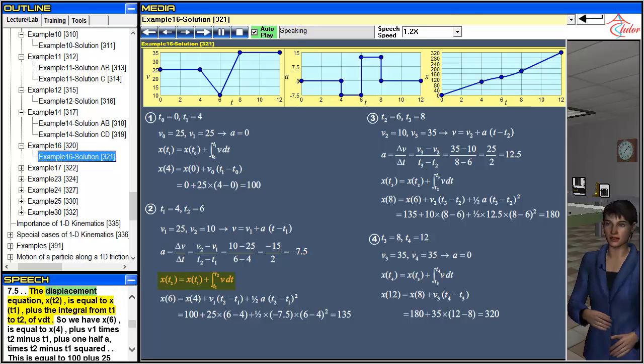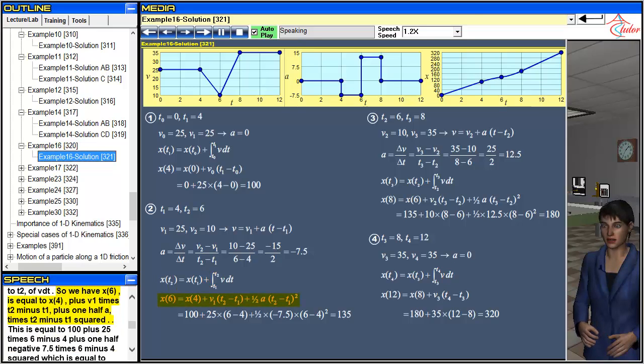The displacement equation, x at time t2, is equal to x at time t1 plus the integral from t1 to t2 of v dt. So we have x at time 6 is equal to x at time 4 plus v1 times (t2 minus t1) plus 1/2 a times (t2 minus t1) squared.